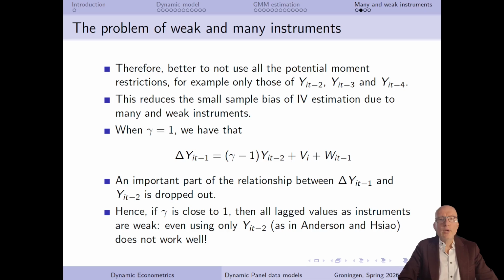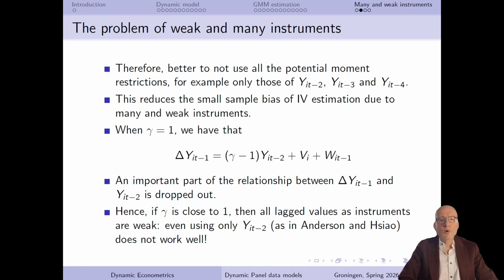We do already know that IV estimation, even though it's a consistent estimation method, that means that at the moment that we have many observations, is correct. However, at the moment that we have fewer observations, there is a so-called small sample bias. IV will actually have a bias when we do not have that many observations.